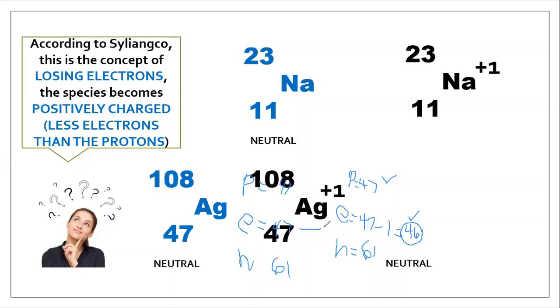Kasi lamang siya ng isa yung proton eh. So ibig sabihin, si silver is now considered as a positive element ng 1, no? Ng 1 proton kasi mas lamang ang number ng protons niya which is 47 nabawasan ng isa ng electrons. So yun yung pinaka-konsepto when we're talking about losing electrons.